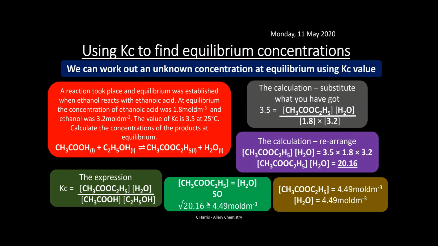So it's all going to be the same in terms of the products that are being formed. Okay, so you've got to remember to square root that. It is common for people to miss out the square root bit. Remember, you've worked out the concentration of both species here, so you do have to square root it.